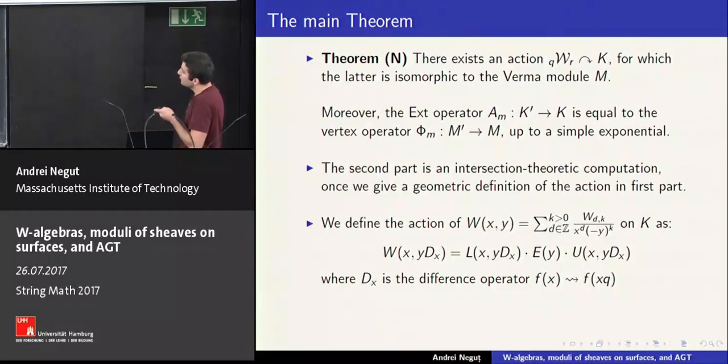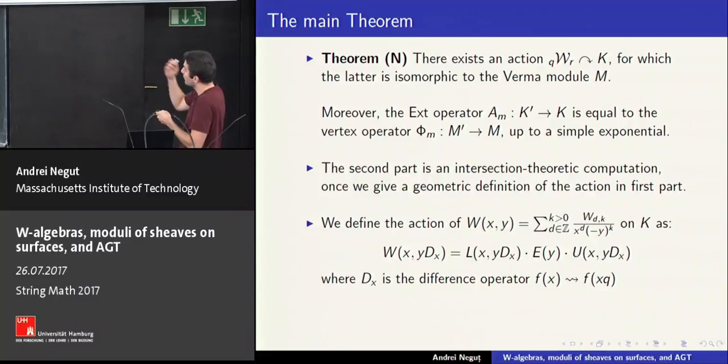Definition. I will give a formula for the generating function of all of the fields of the W-algebra. So this W of xy is the mother function of all the generators of the W-algebra.